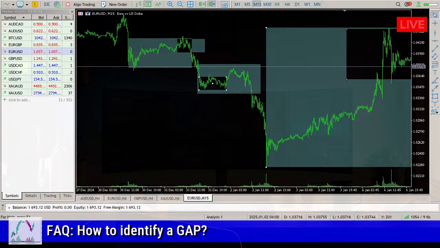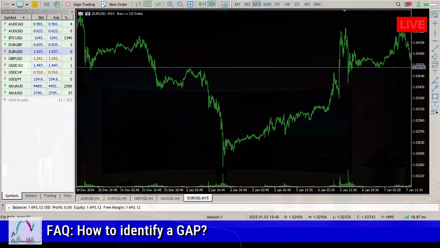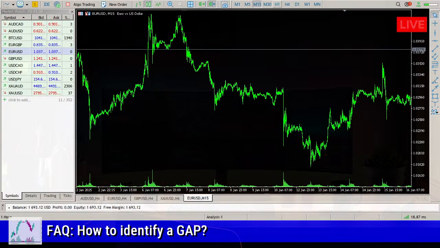Okay, next. After we know about the base, rally, drop, actually we try to identify the risk from the current situation. I delete all the things first.